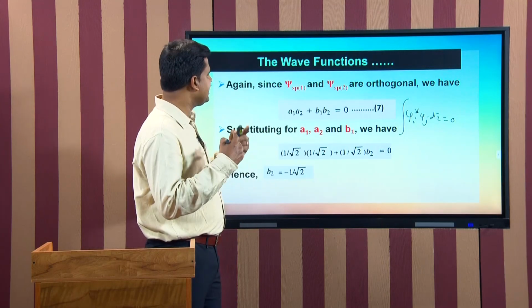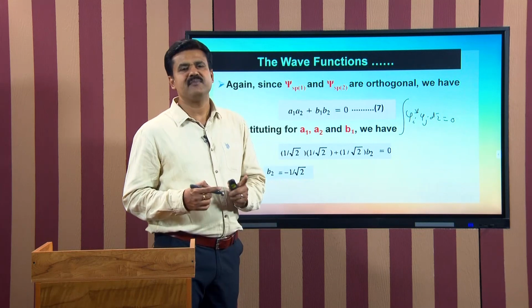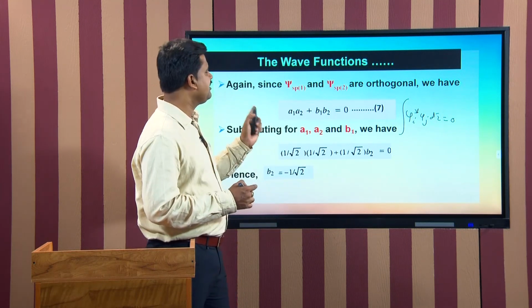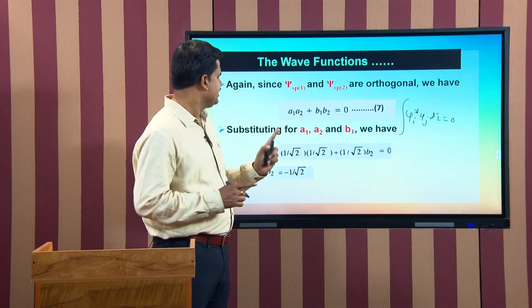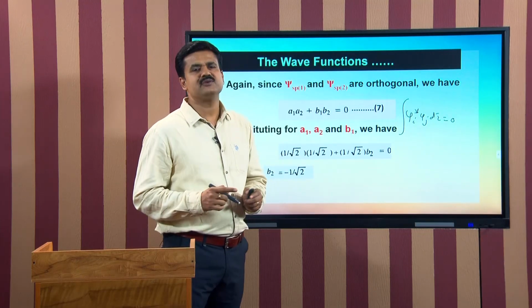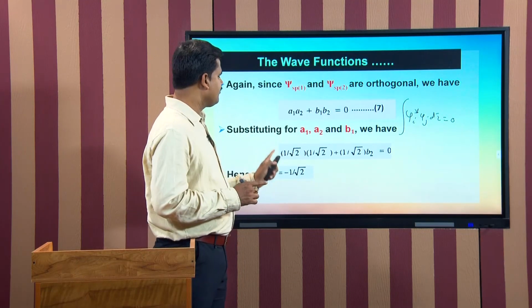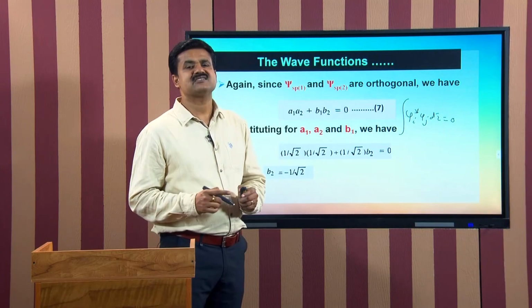And this leads to the equation a1 a2 plus b1 b2 is equal to 0, and we have to substitute for a1, a2 and b1, such that 1 by root 2 into 1 by root 2 plus 1 by root 2 b2 is equal to 0, or we will get the value of the coefficient b2. b2 is equal to minus 1 by root 2.